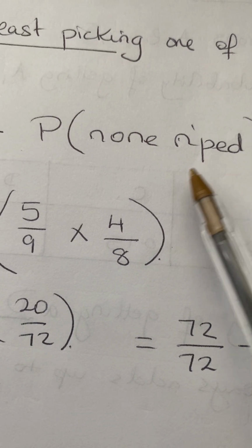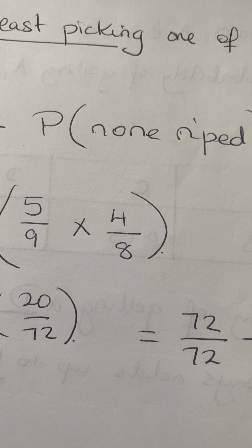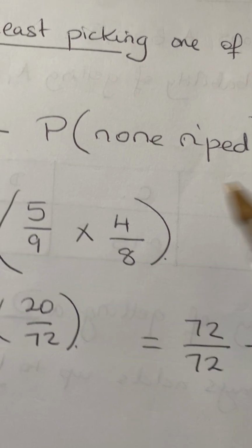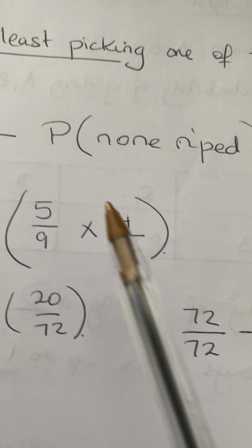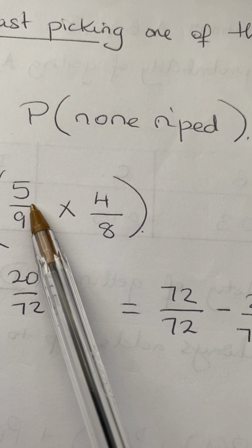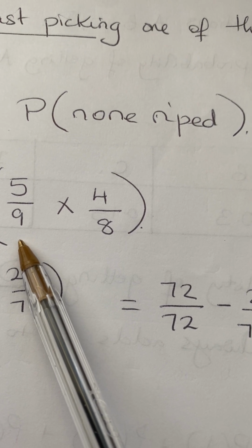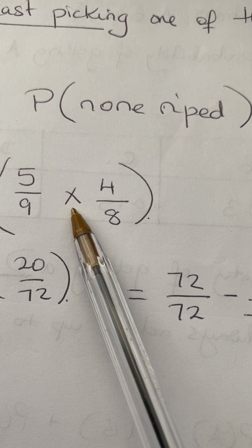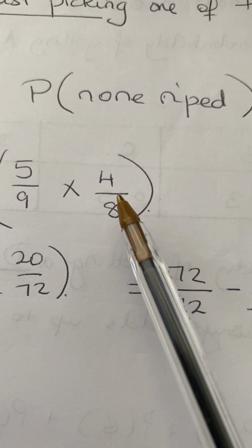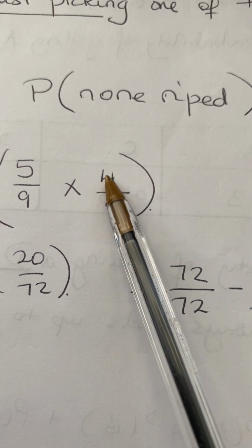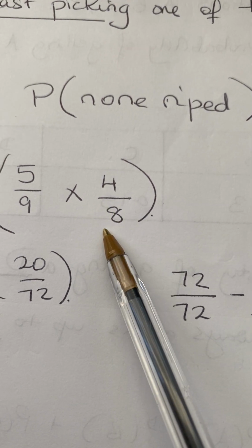So you can find the probability of picking 2 at random, no ripe, and then take it from 1. That means probability of first unripe is 5/9, and then probability of picking the second unripe becomes 4, because you've picked 1, and a total of 8.